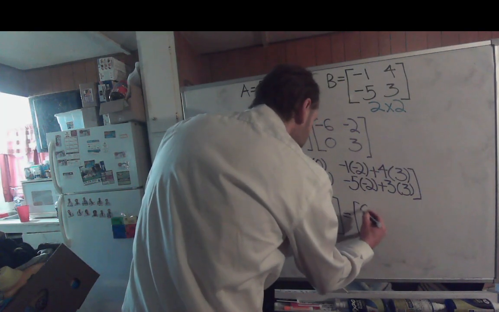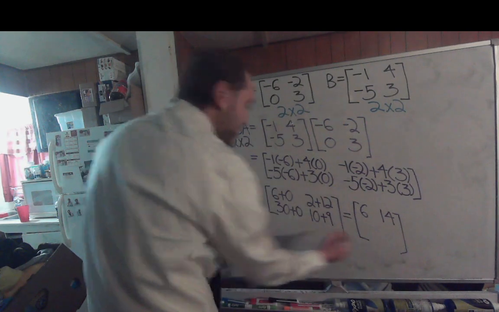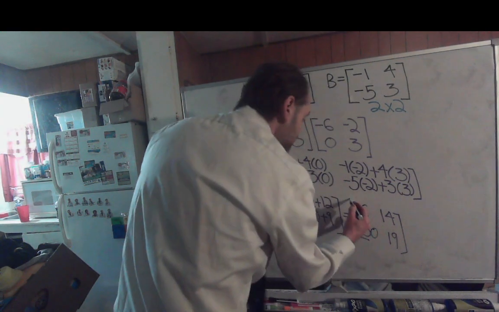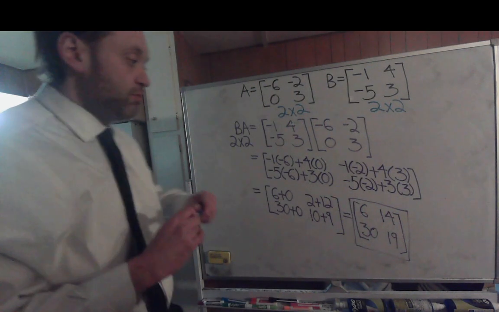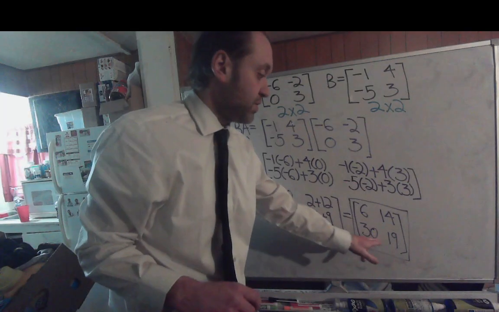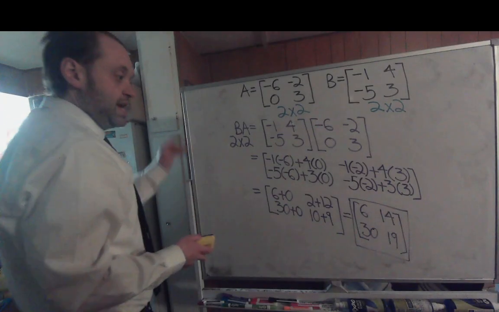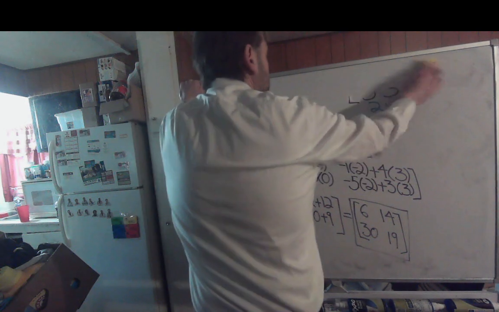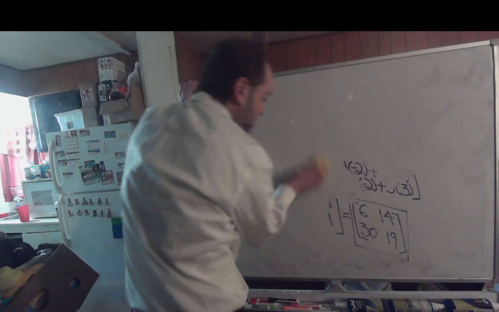Giving you that matrix B times A would be 6, 14, 30, and 19. You get all positive numbers in this case. So matrix BA would be 6, 14, 30, and 19. So this should show you that matrix multiplication is not commutative.